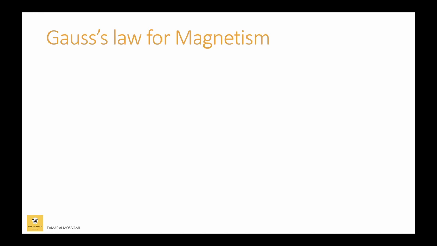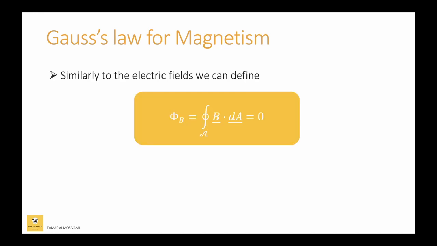And so now we can do the same kind of tricks that we did earlier, and we find that the magnetic flux is always zero. So whenever you connect your magnetic field with a Gaussian surface, that will lead to zero. The meaning of this is, well, maybe let's step one back and say that the meaning of the Gauss law for electricity was that the source of the electric field is the charge.